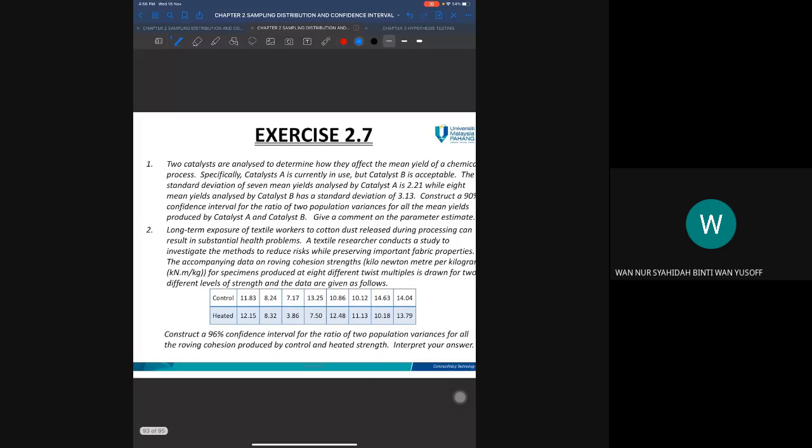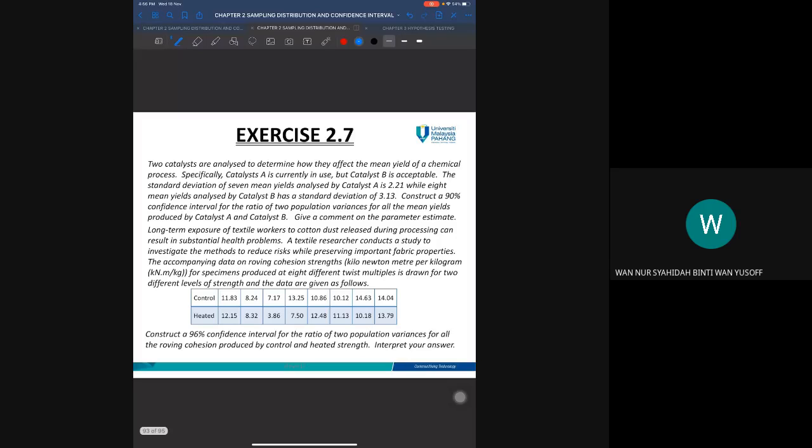Construct a 96% confidence interval for the ratio of two population variances. So it is clear that we need the ratio of two population variances. Please read the question very carefully during the test. From previous experience, it is quite frustrating when the question clearly says ratio of two population variances, but what I got from my students was the confidence interval for the population mean.